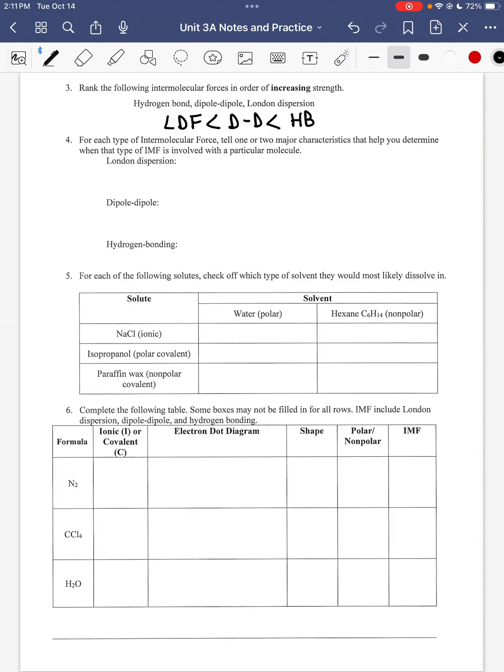Next, we're asked for characteristics to help us determine these. All molecules contain London dispersion forces. Everything that's covalently bonded, everything that's a molecule, has London dispersion forces. Dipole-dipole forces are experienced by all polar molecules.